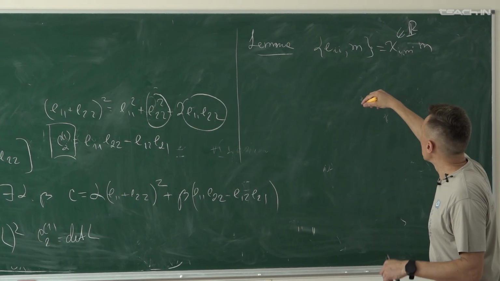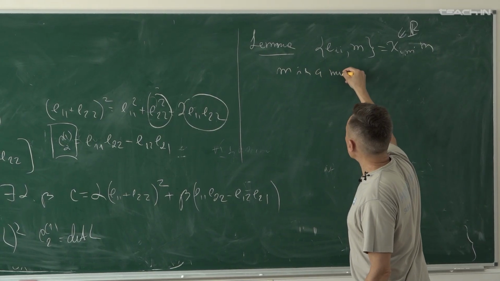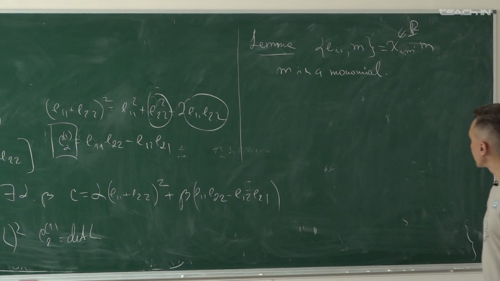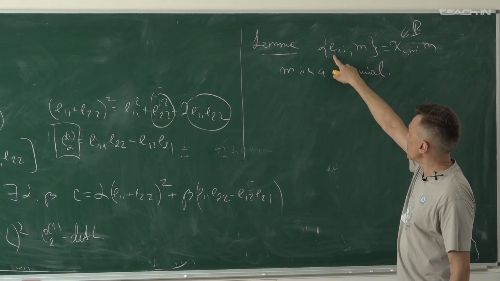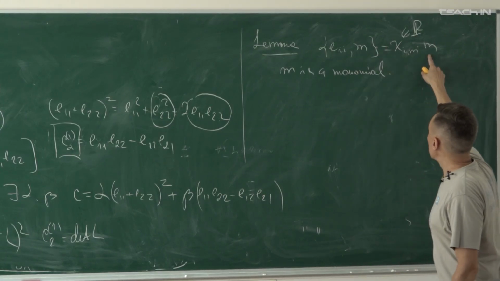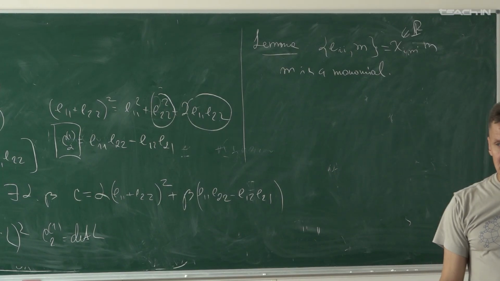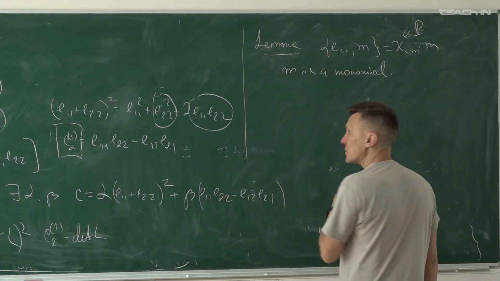So M is a monomial. Then the Poisson bracket of each diagonal element with a monomial is the same monomial multiplied by some number. You see? It's a very strong property. I understand.